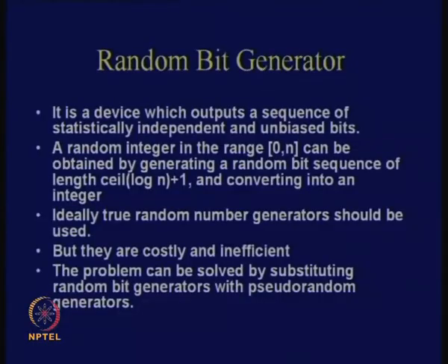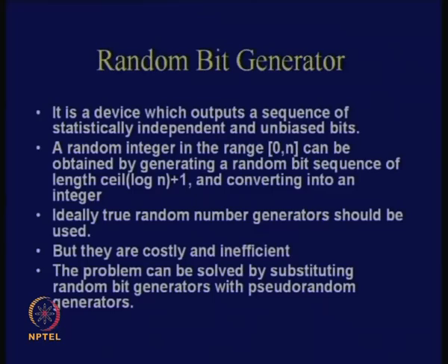You can use that to generate a random integer in this fashion. Suppose I want a random integer in the closed interval from 0 to n. You can do that by generating a random bit sequence of ceil of log n plus 1 bits, and then whatever sequence you get, you convert back into an integer. So given a random bit generator, you can produce random integers.